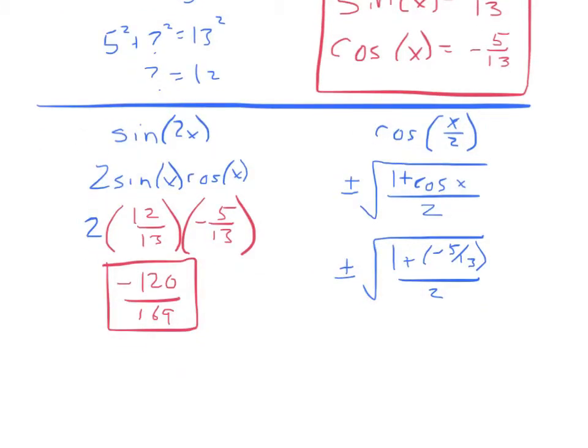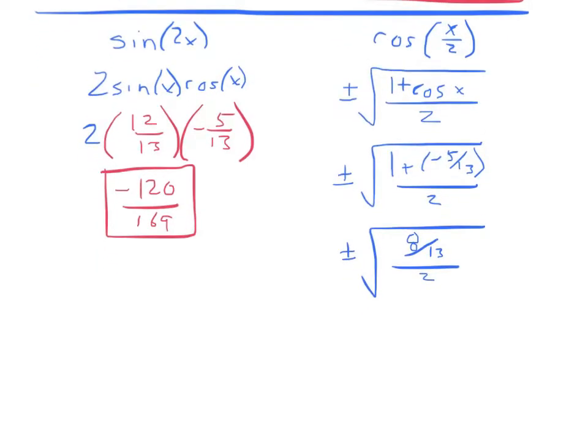If I simplify this, I'll end up with plus or minus the square root of, let's see here, 8/13 all over 2, which means it's going to end up being the square root of 4/13. And I'll be honest, I'm not really worried about the square root on the bottom there. I'm okay with that answer.